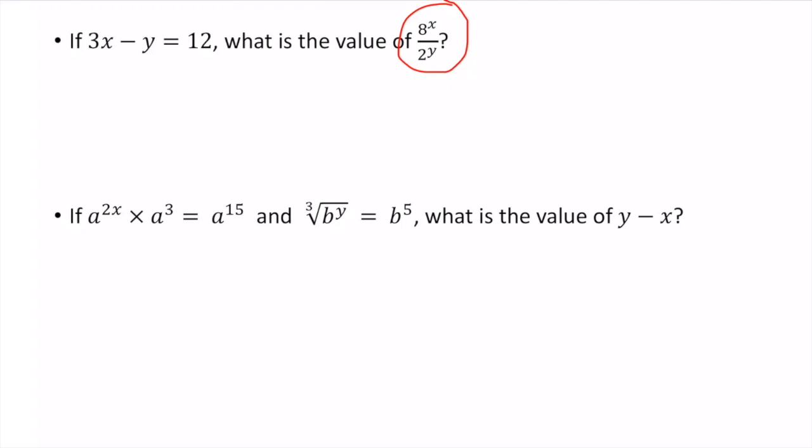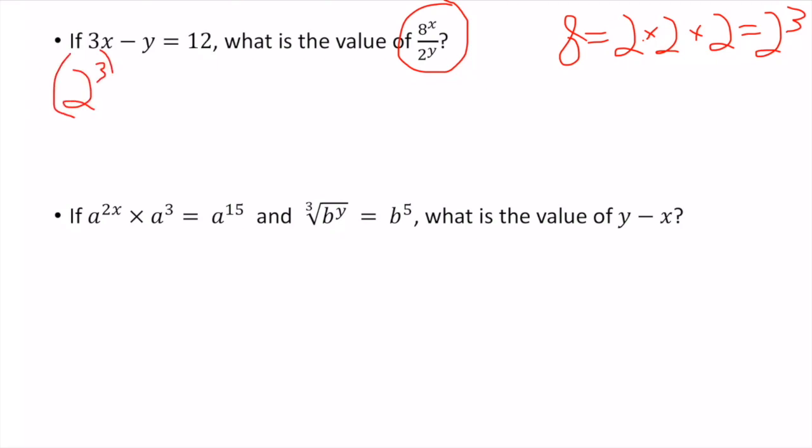So that 8 to the x on top, we can rewrite. I know that 8 equals 2 times 2 times 2, which equals 2 to the power of 3. So I can rewrite the one on top as 2 to the power of 3 raised to the x, over 2 to the y.